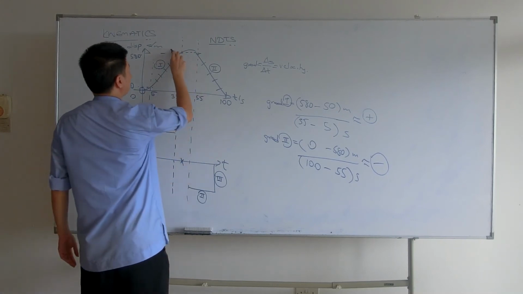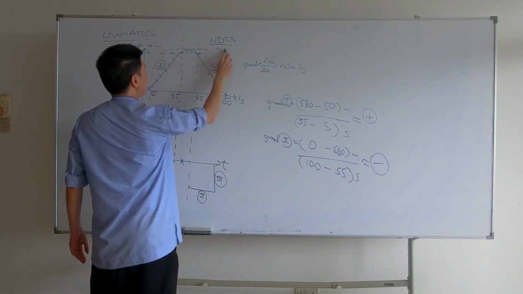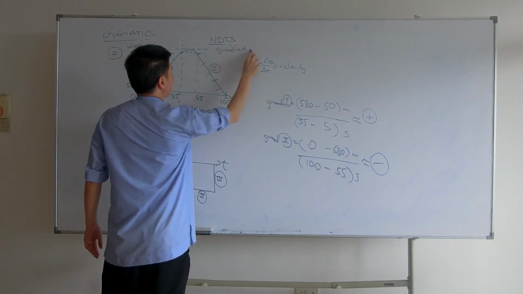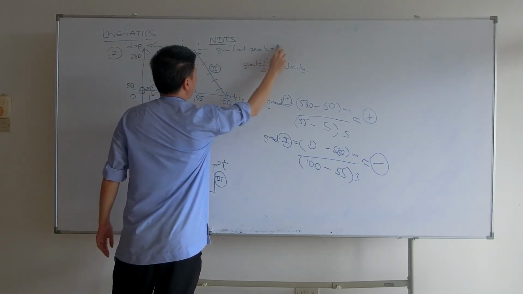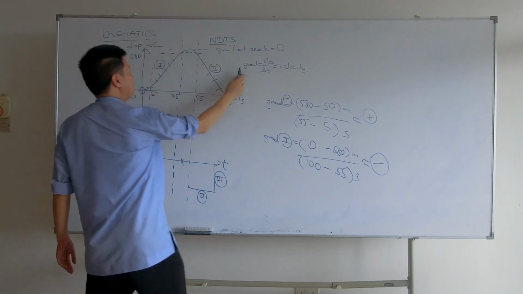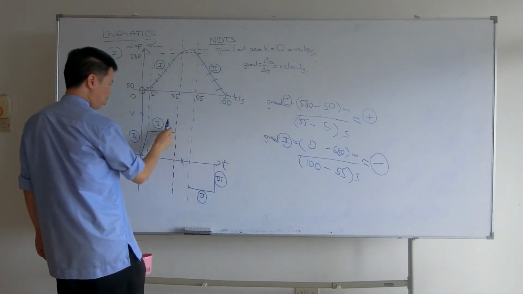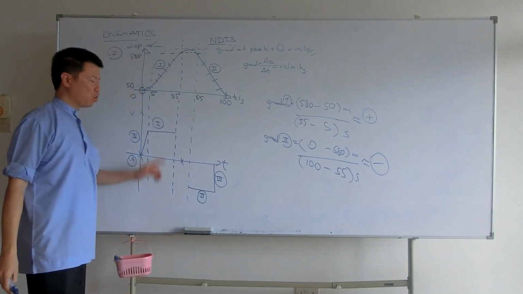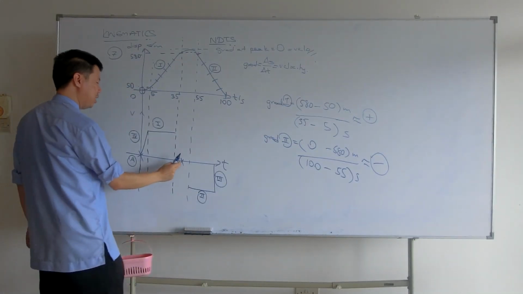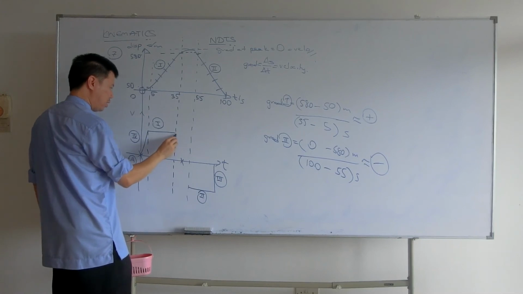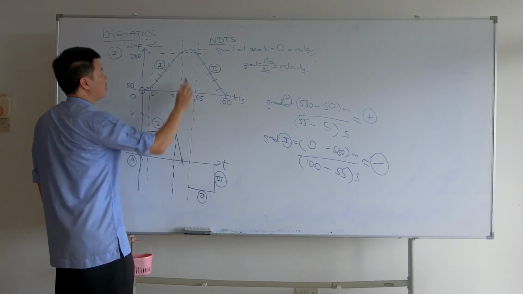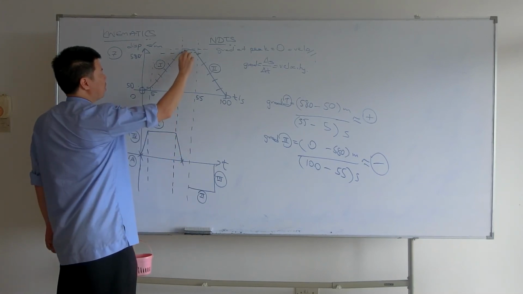Why? Remember, gradient at peak is equal to 0, and what does gradient here represent? It represents the velocity. So you can't just connect the line straight from top to bottom, because at the middle we know it's 0. So you connect a line here. Because it curves, it shows that it's slowly decreasing to 0.